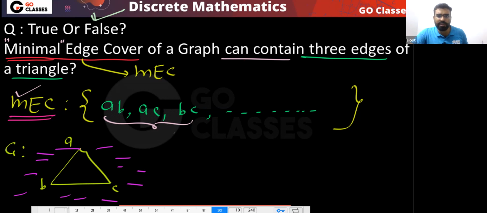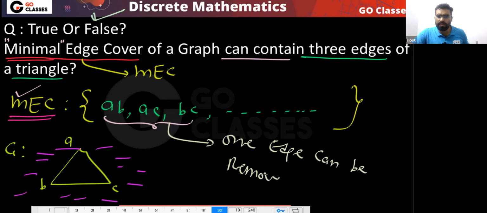Very good, Abhipsa. So basically one edge can be removed. For example, if I remove this edge, you can still notice that we are covering A, B, C. These vertices are covered.